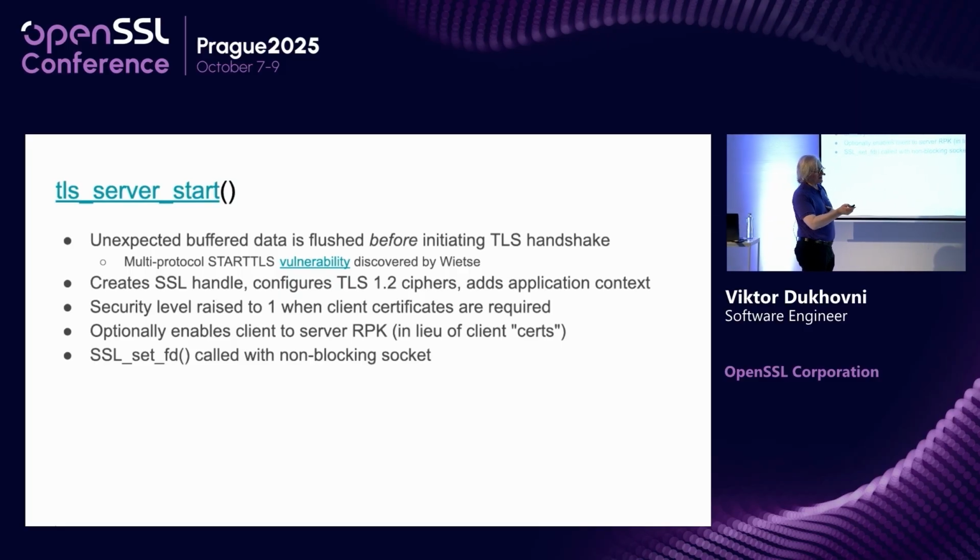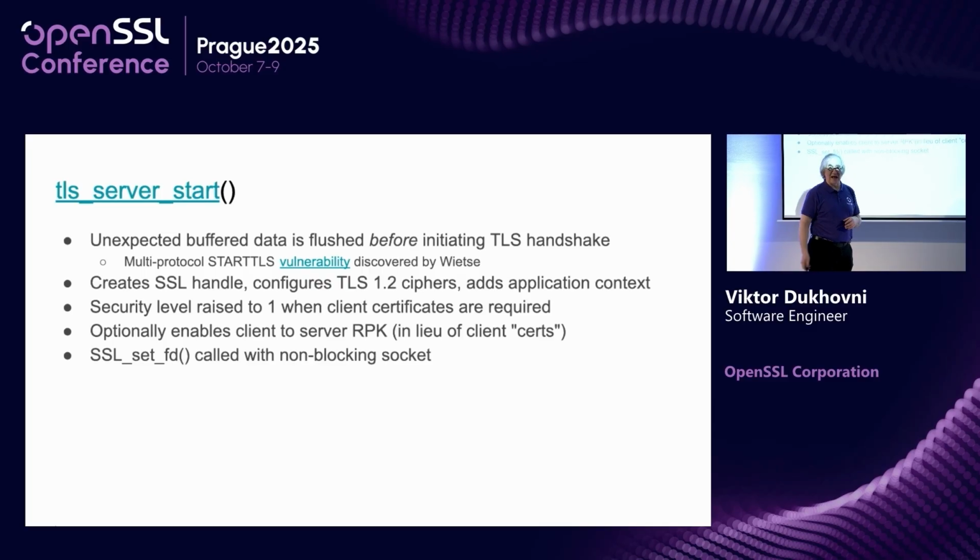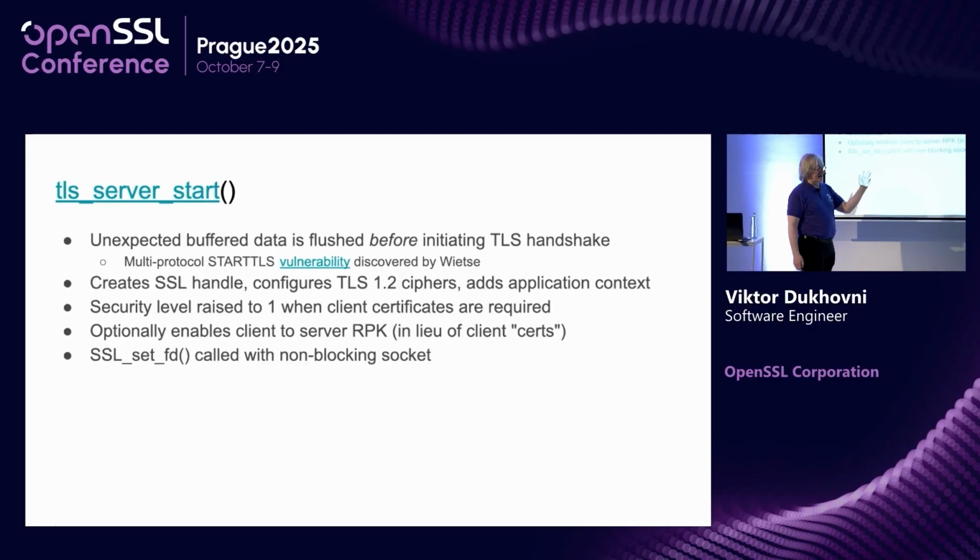So anyway, Postfix flushes any buffered data because it's the right thing to do before you switch to an encryption context, creates the SSL handle, configures ciphers. All of this stuff happens in the server start. You'll find lots and lots of code for initiating a connection, performing the initial handshake.